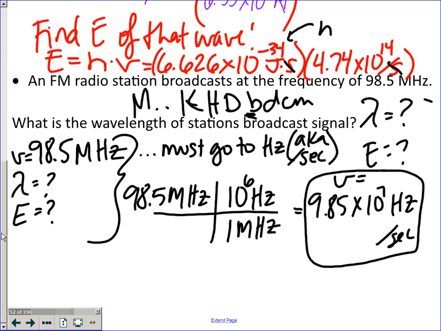So this is like a separate thought. Yeah, frequency, which is in hertz or per second. Divide that by... Well, I got a completely different answer. c equals 3.0 times 10 to the 8, divided by 9.85 times 10 to the 7.